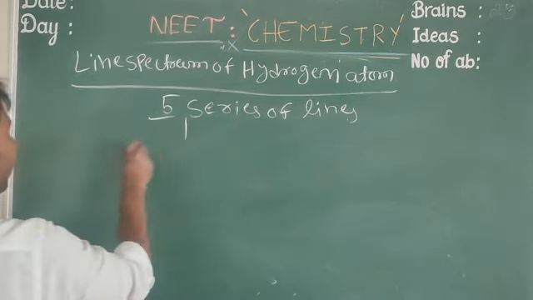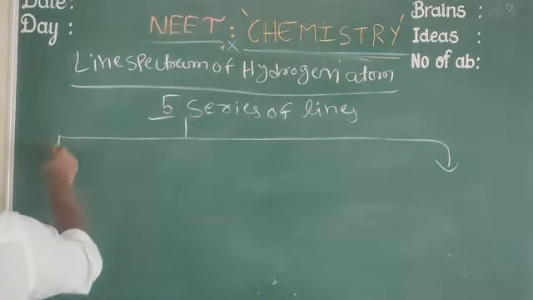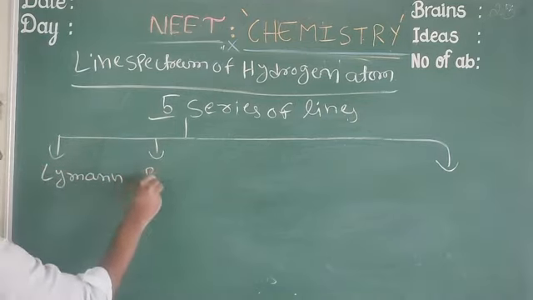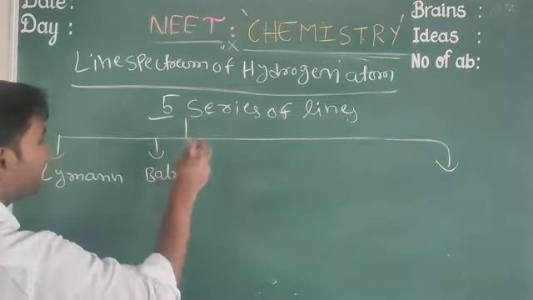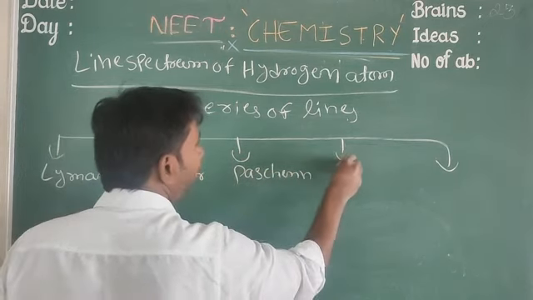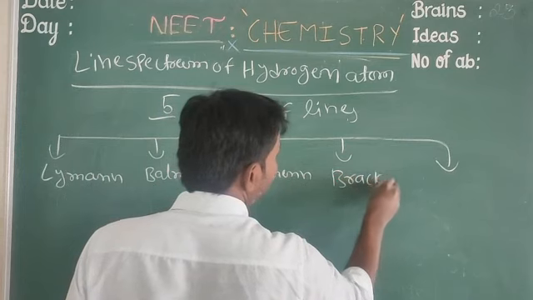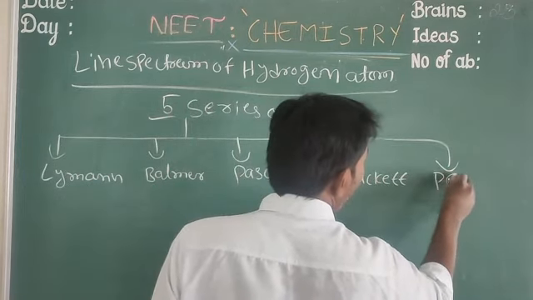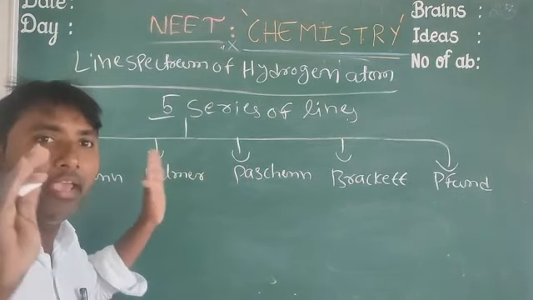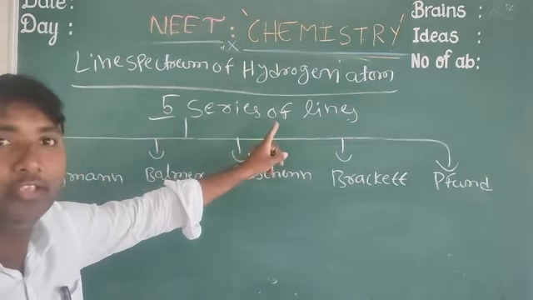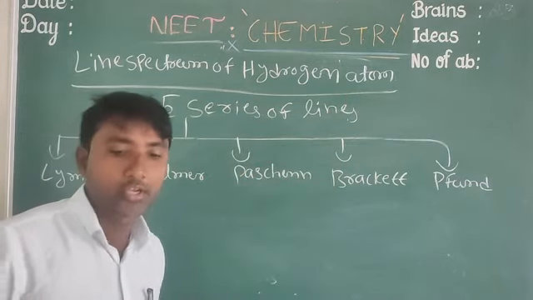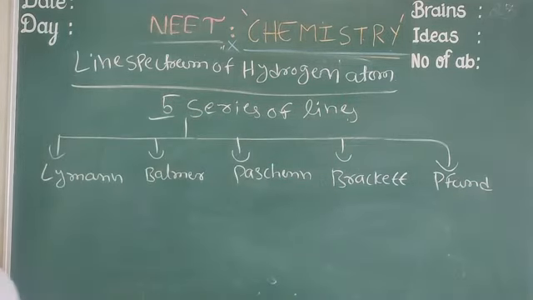That is Lyman, Balmer, Paschen, Brackett, and Pfund. The 6th one, Humphreys, is also there, but not in your syllabus. Mainly, you have to read these 5 series of lines: Lyman, Balmer, Paschen, Brackett, and Pfund. So 5 series of lines we should read.